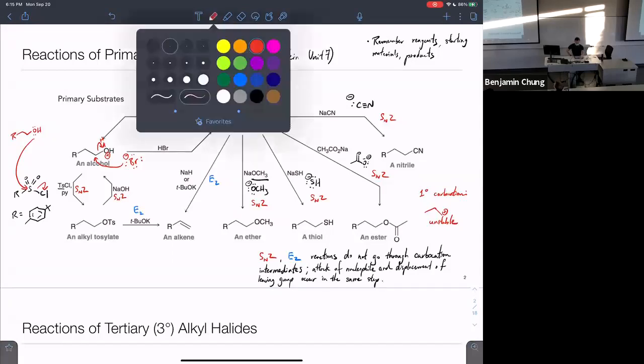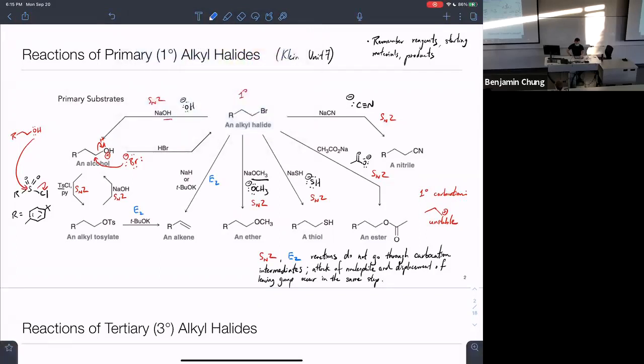No? Okay. I'm just going to show you guys briefly the mechanism for an elimination reaction, E2. So you have a proton here. Well, you actually have two protons here, but I'm just going to draw one for sake of clarity.